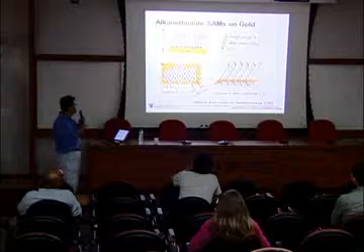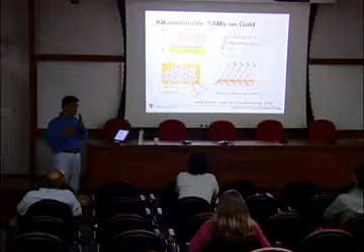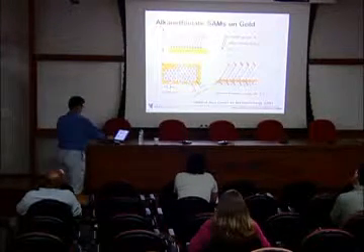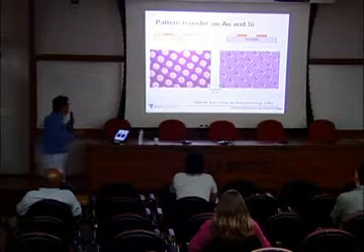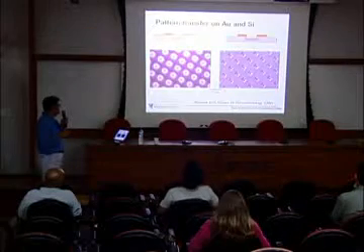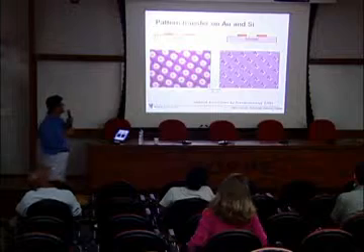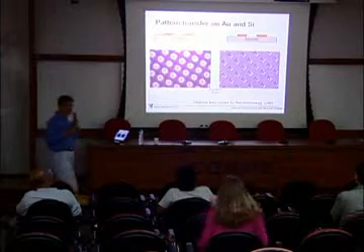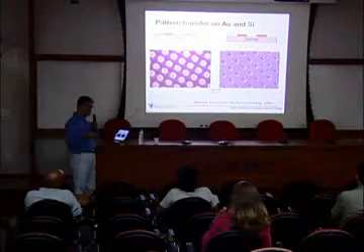The other layers that are not protected will be gone. That's a selective etching. So we can make this kind of structure with that. The bright area is the gold, so electrons are charged and it appears bright. And the other area was etched by the selective etching method. It's called micro contact printing.